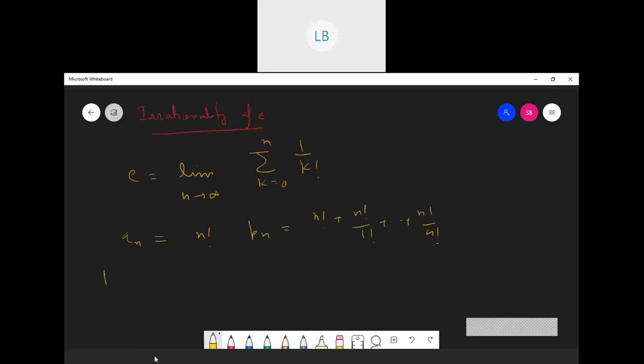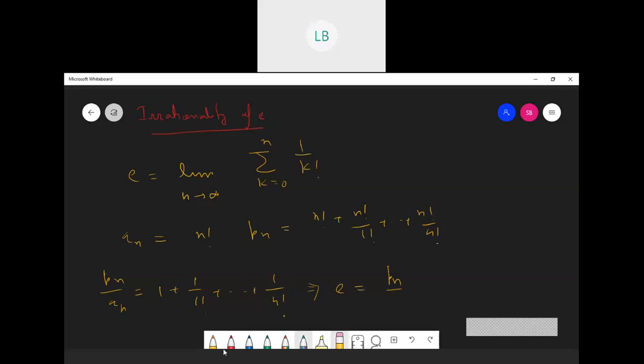Now Pn by Qn, what is that? Pn by Qn will be 1 plus 1 by 1 factorial till 1 by n factorial. Correct? So if Pn by Qn is this, then we can approximate e by Pn by Qn. So I define Pn by Qn like this.